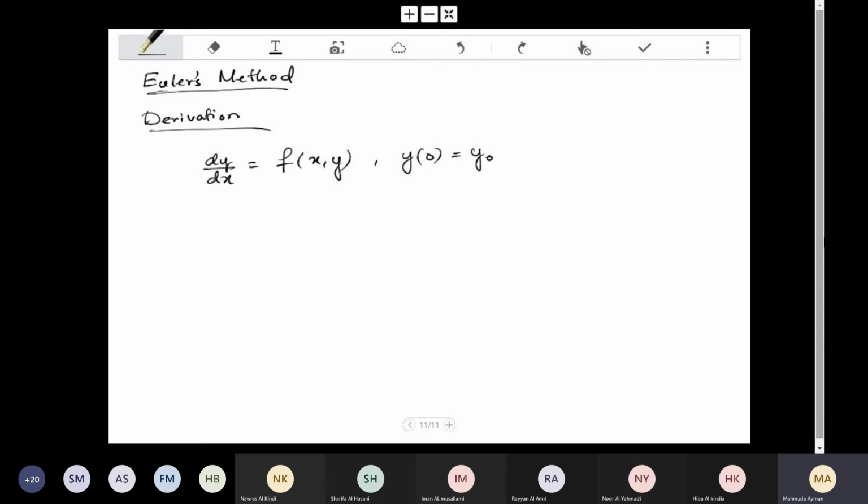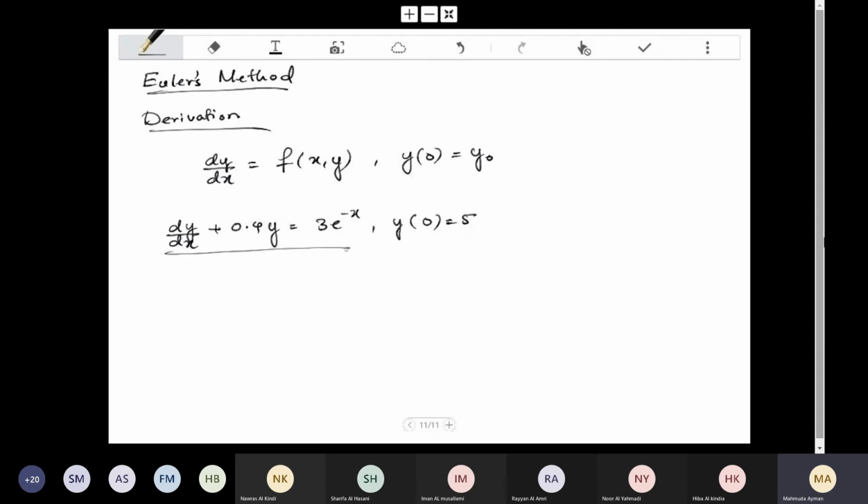Let's say that we get a differential equation of this form: dy/dx plus 0.4y equals 3e to the power minus x, with initial condition y of 0 equals 5.